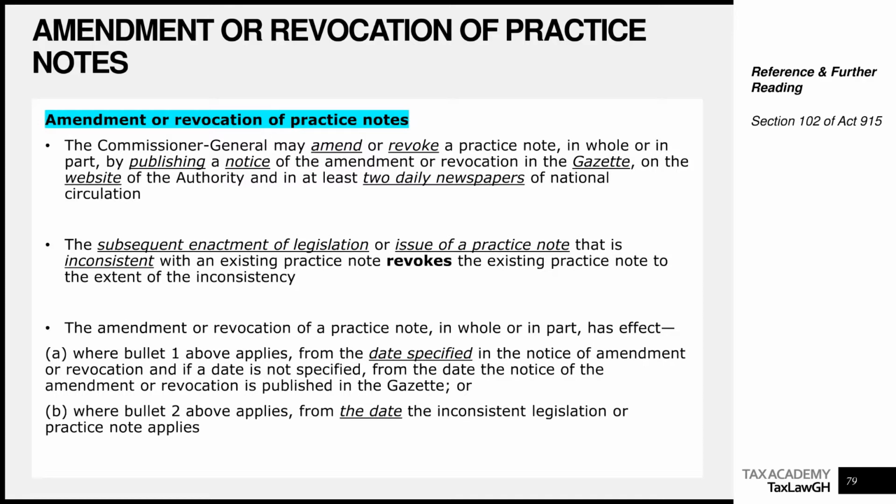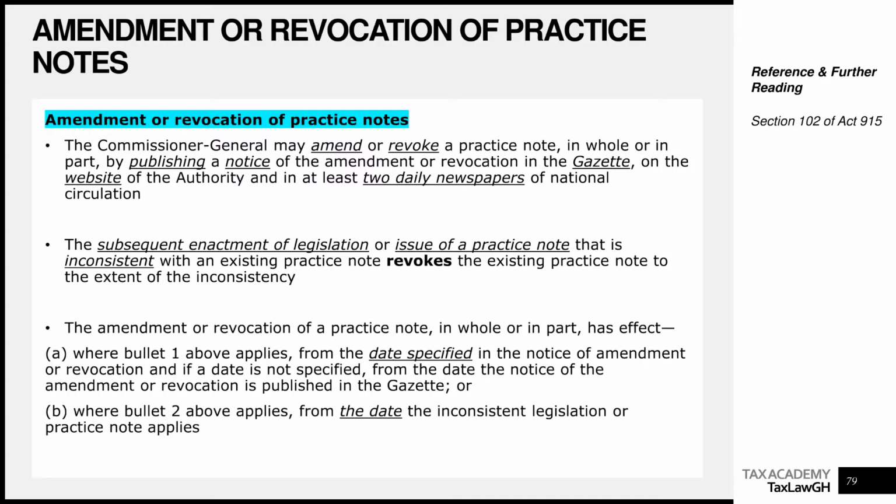Then we are saying any amendment or revocation has the effect where bullet 1 applies. So bullet 1 is where he himself revokes it by notifying in the dailies or in the Gazette. From the date he specified in that notice, that is when it becomes effective, the revocation or amendment. Where there is a new law that came to revoke it, or a new practice note, there is the date that the new law was passed or the new practice note was deemed to apply.